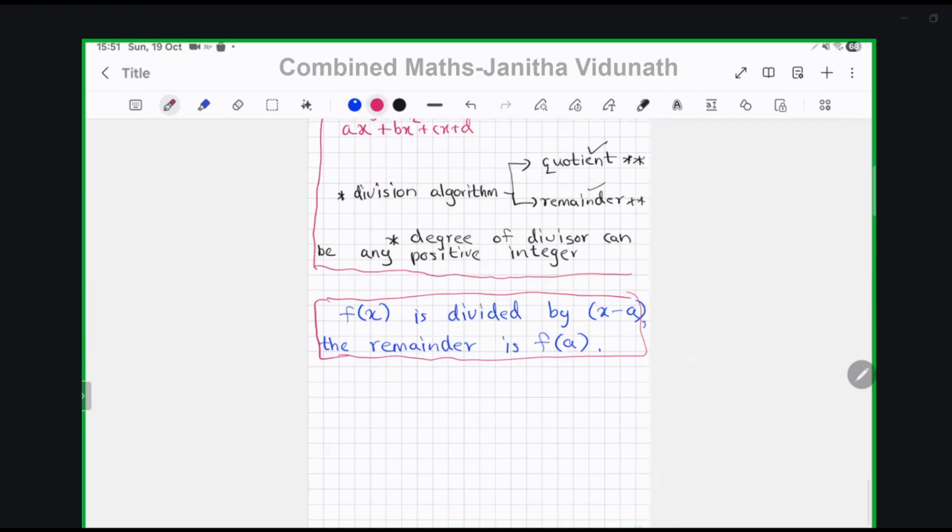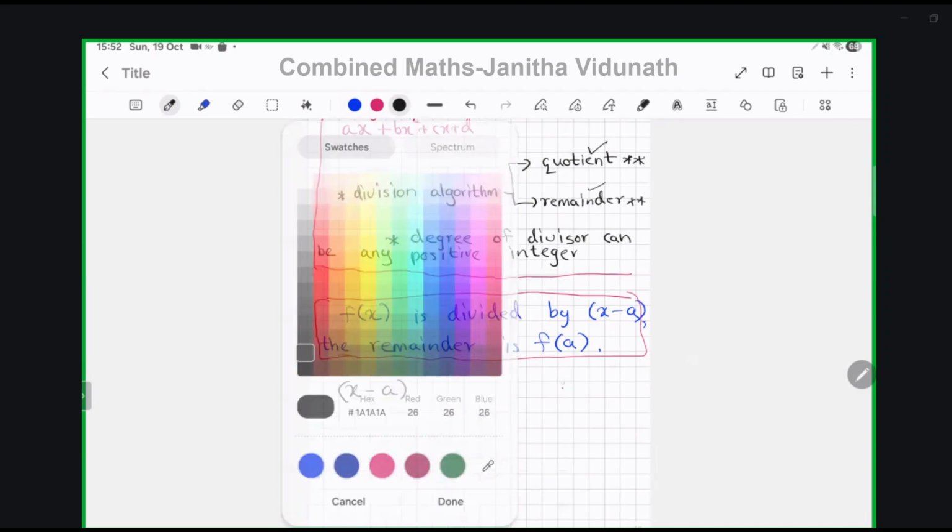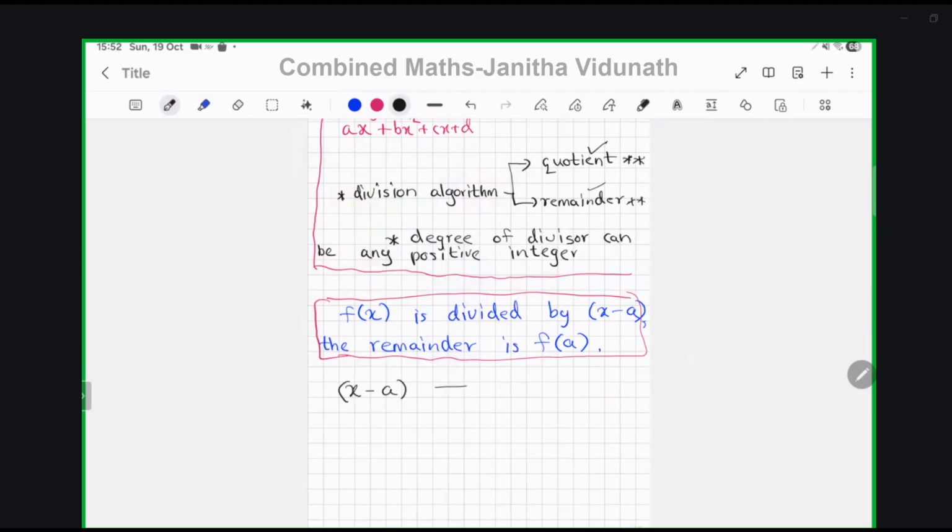That means if we have a polynomial f(x), and we divide it by x minus a, then the remainder should be f(a). Here, we divide by x minus a. That means in the remainder theorem, they only mention a linear polynomial.